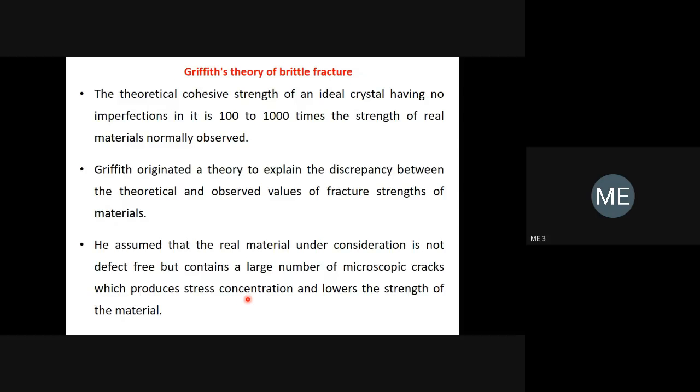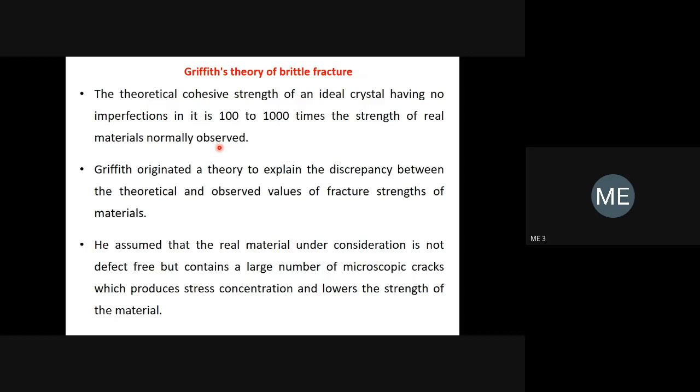So now we are talking about the Griffith theory. Why we formulated Griffith theory is what I have already discussed. The theoretical cohesive strength of an ideal crystal having no imperfection is around 100 to 1000 times the strength of the real material normally observed. I give an example. The Young's modulus of steel, a polycrystalline material, is 200 gigapascal.